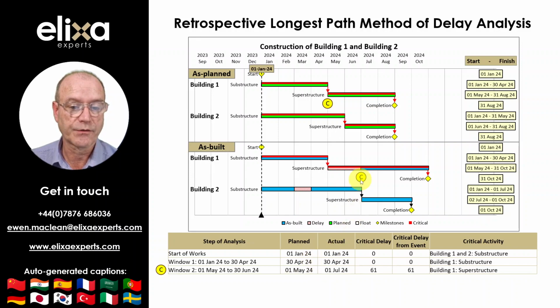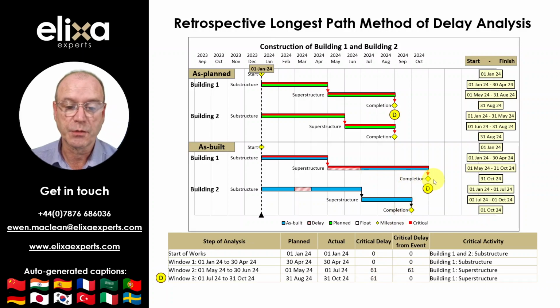The start of the Building 1 superstructure commenced on the 1st of July as shown by point C in the as-built program, which corresponds to a planned start date of the 1st of May in the as-planned program. There is a difference in the dates of 61 days, meaning there has been a 61-day critical delay.